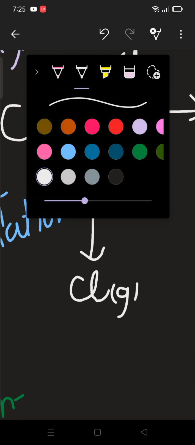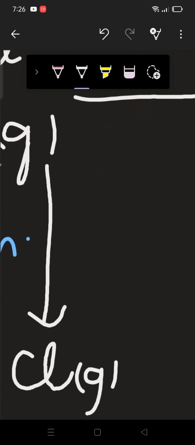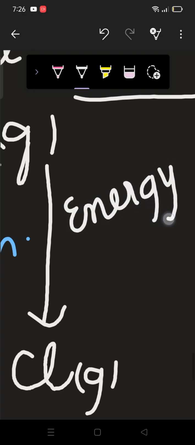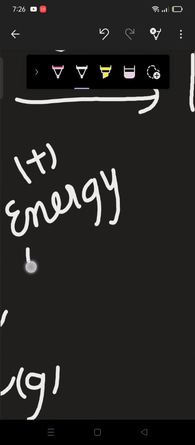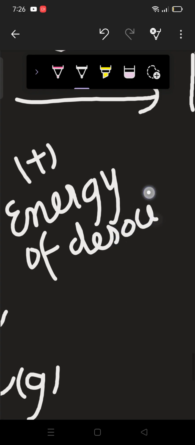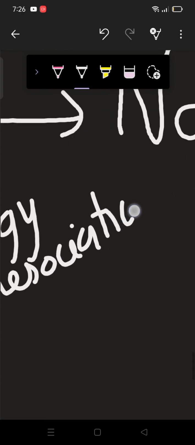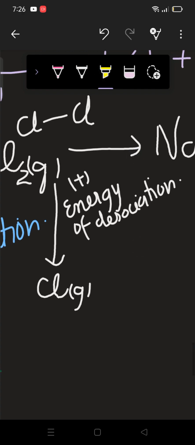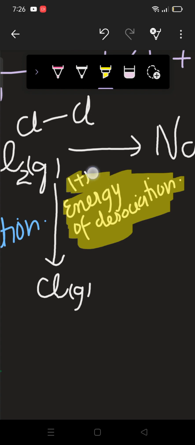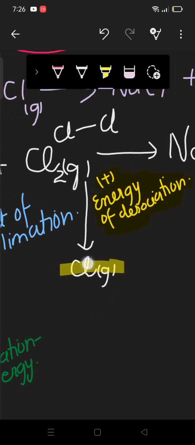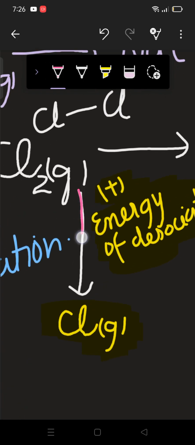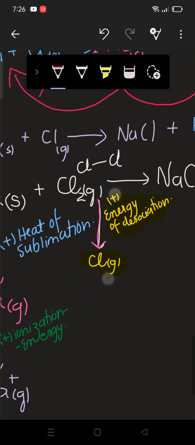So here we will be giving it bond dissociation energy, or energy of dissociation, that too in the positive form. We have provided it with the energy of dissociation since we need to break the bond. That's why we have provided this with energy of dissociation.